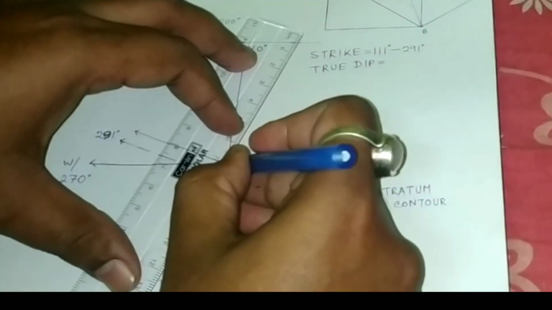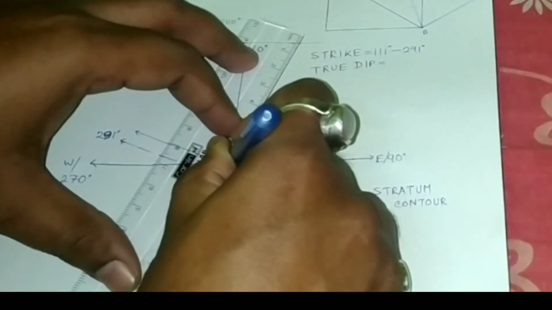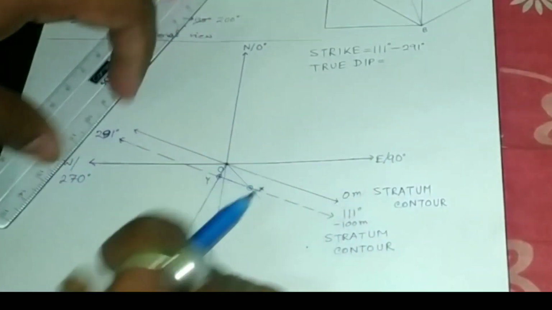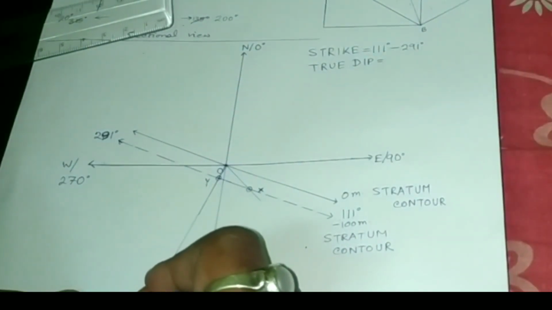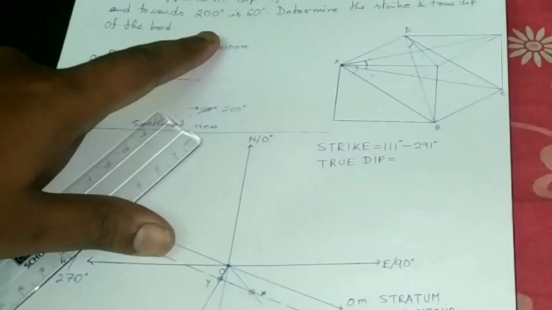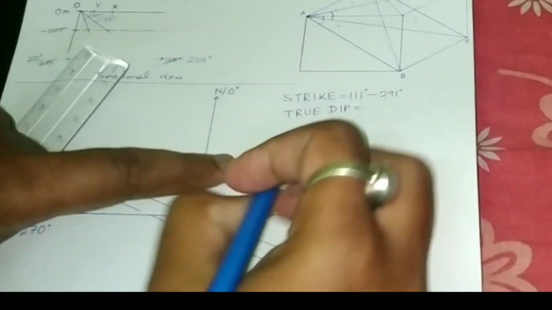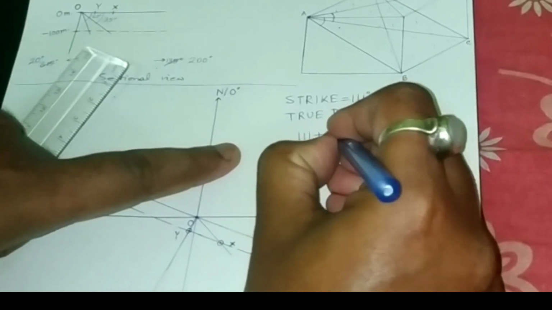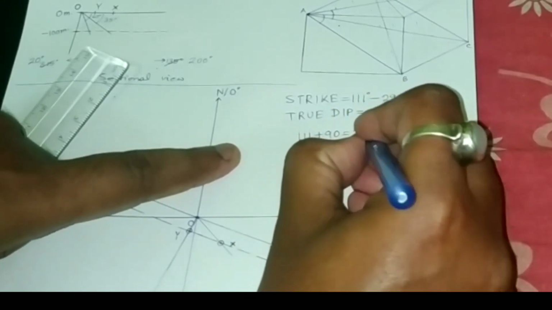So for this case it is quite clear that for the second data given, that is 60 degree towards 200 degree, the true dip direction is 111 plus 90, that is 201.